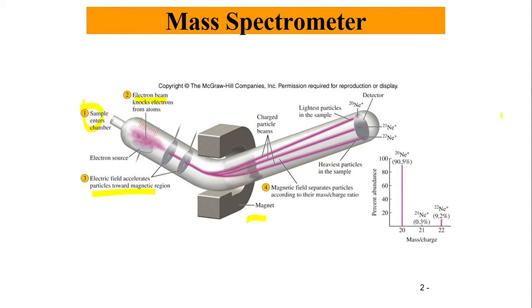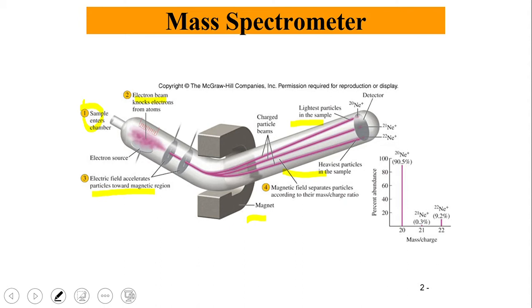In the same way here, when the particles are accelerated towards this magnet, they're going to be forced to turn, but those that are heavier will make a wider turn, and those that are lighter will make a sharper turn. And so they emerge from this magnet separated according to the ratio of their masses to their charges.